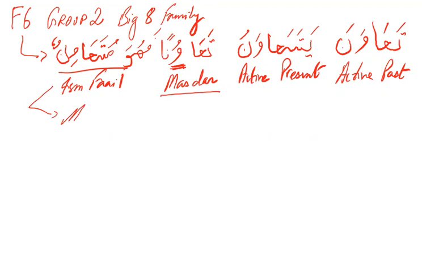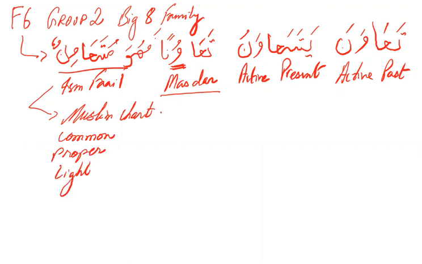So this will follow the Muslim chart. And in the Muslim chart, we have the common one, the proper one, and the light one. Right? So can somebody do the Muslim chart common?